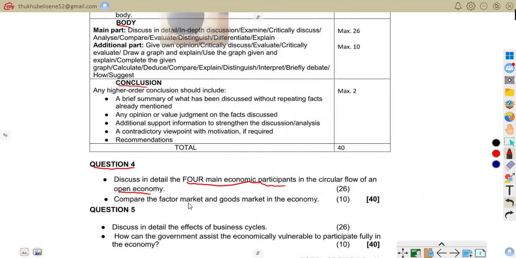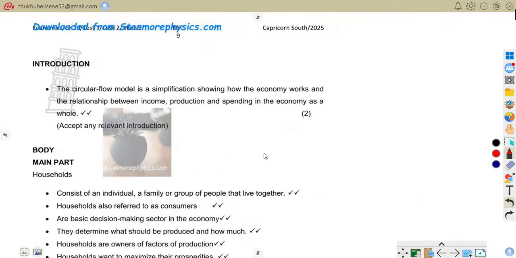Compare the factor market and goods market in the economy. So those are our questions under question 4. Now let's quickly go to the answers of this question, where we are first going to start with the introduction. Remember that structure that we talked about.